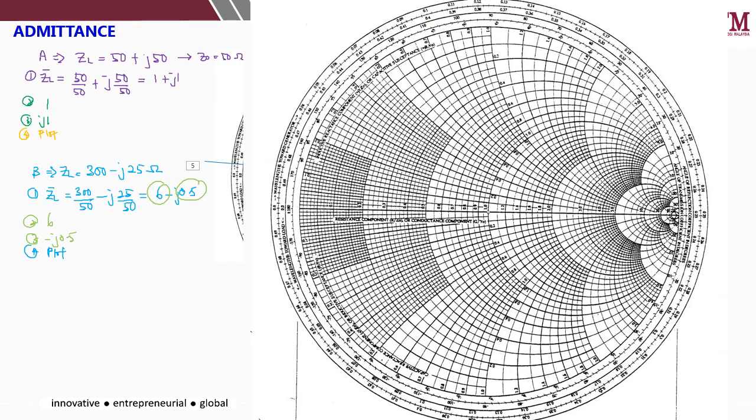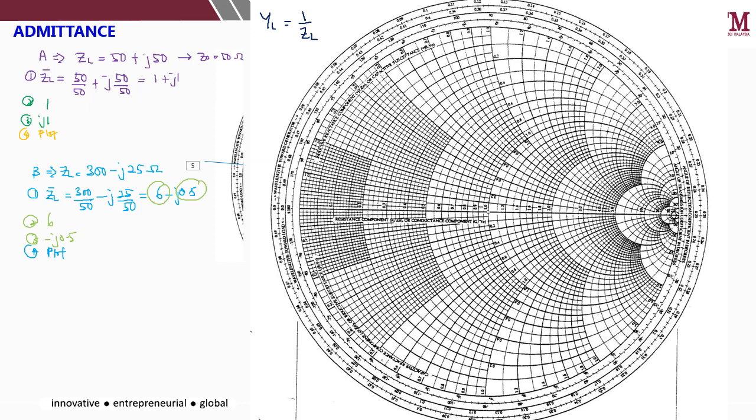Okay, next let's look at the admittance. So Y, the admittance, is basically the inverse of your impedance. From the Smith chart, you can easily get the admittance value if you invert the position of your normalized impedance.